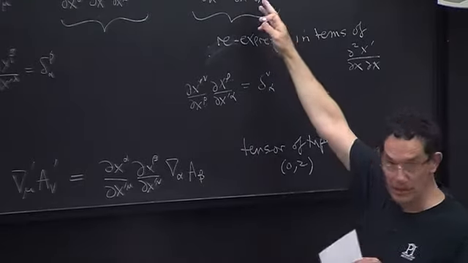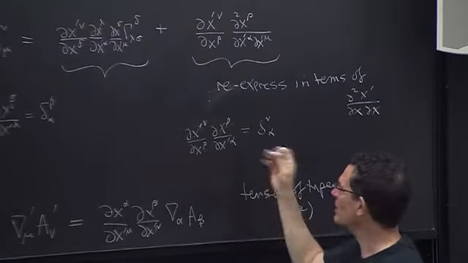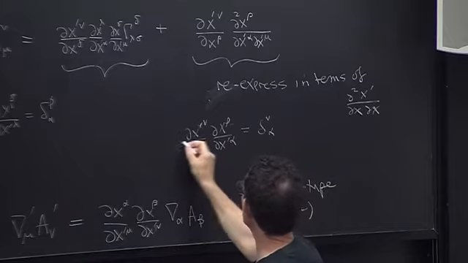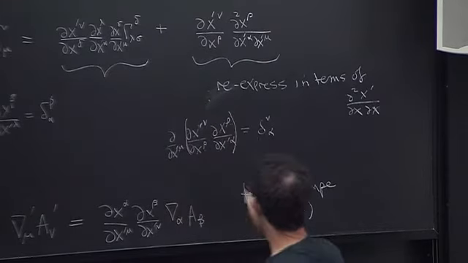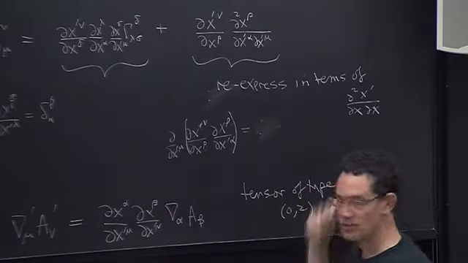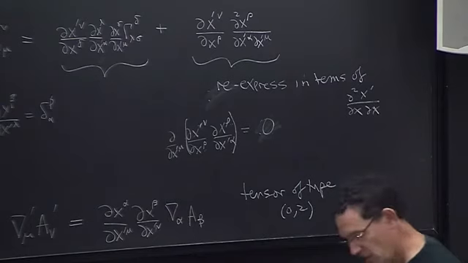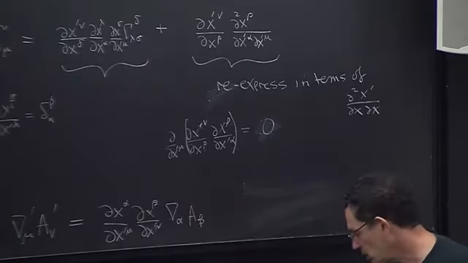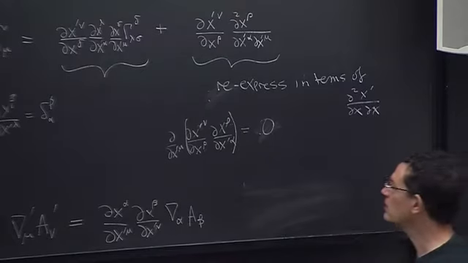And this is basically its derivative, except I've forgotten to differentiate this guy. So what that means is I can get an identity out of here. If I differentiate this with respect to mu, then this is 0, because delta is just a constant, so it doesn't depend on it. So now we have our identity. And again, this is a trick which we use in GR all the time: differentiate identities to get other identities.